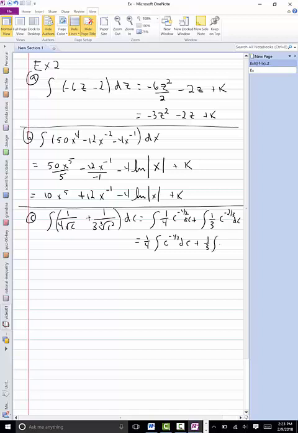So this is just a variation on what I just did before. So coefficient's always there. Add 1 to the exponent. Divide by that number. Coefficient's always there. Add 1 to the exponent. Divide by that number. Plus k on the end.